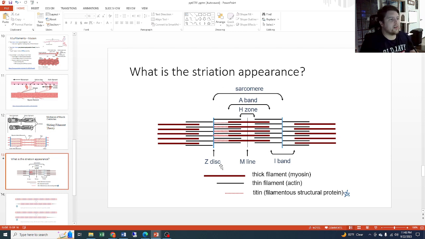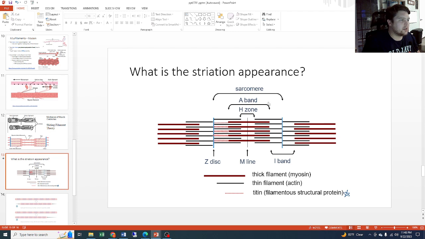Within the sarcomere, you have different components. So each of these sarcomeres, you have a Z disc and a Z disc right here. Z disc to Z disc is another sarcomere, and these sarcomeres line up all the way through an entire fibril along the entire length of the muscle cell. Within that, we have what we call the A band.